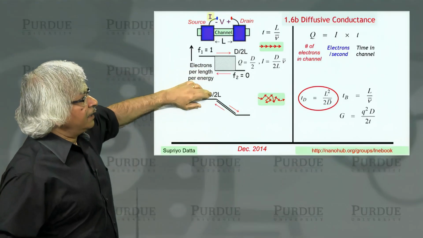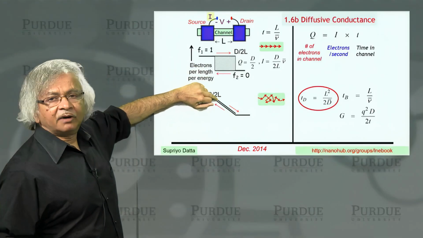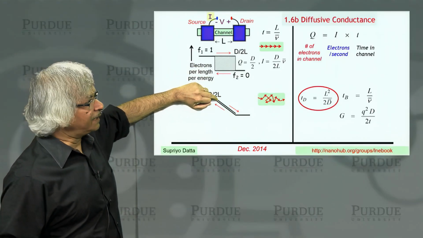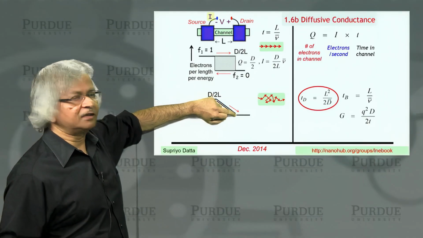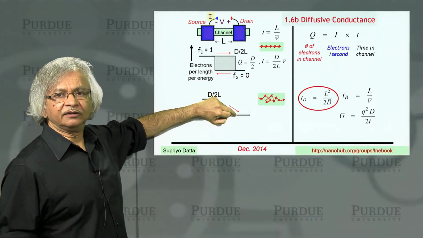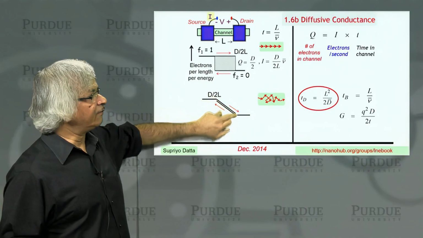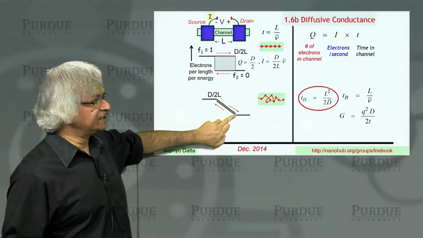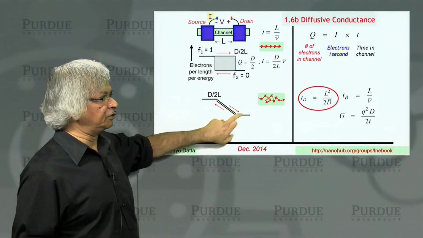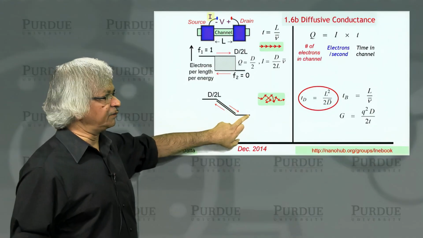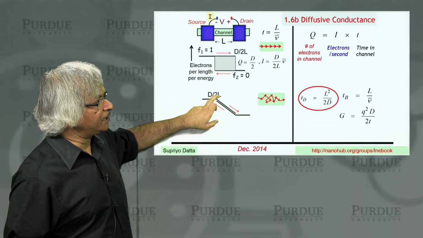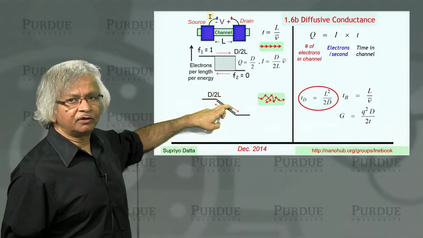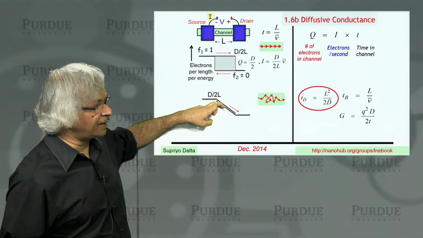So at this end, all the northbound lanes are filled, but by the time you get through your channel, the number of electrons has trickled down to some very small value at the other end. Whereas the southbound lanes are all empty here because there's no one from the drain trying to get on. But then it gradually builds up. Why? Because the electrons that turn around from the northbound lanes are actually going backwards.